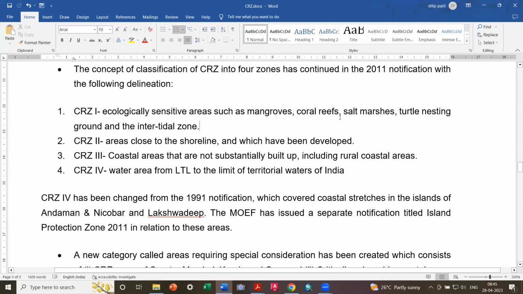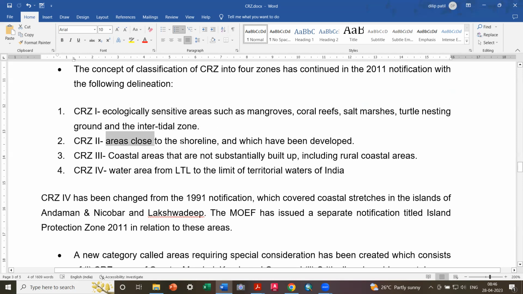They balance the ecosystem. साल्ट मार्शेस म्हणजे काय? साल्ट पॅनच्या जवळपासचा भाग आहे. Turtle nesting ground. टर्टल म्हणजे कासव. समुद्राच्या इकोसिस्टीमचा भाग आहे. त्या पद्धतीने त्यांचं पण आपल्याला कॉन्झर्वेशन ऑर प्रिझर्वेशन करावं लागतं. And the intertidal zone म्हणजे त्या पद्धतीने समुद्राच्या कडेचा जो भाग आहे पहिल्यांदा, that is considered as CRZ1.